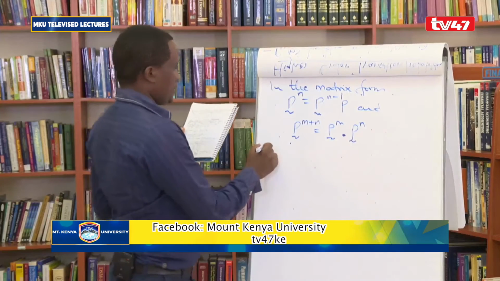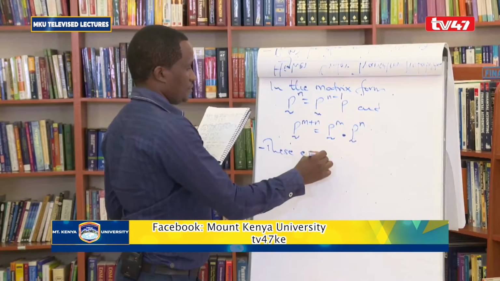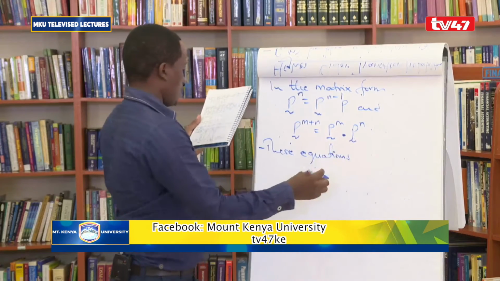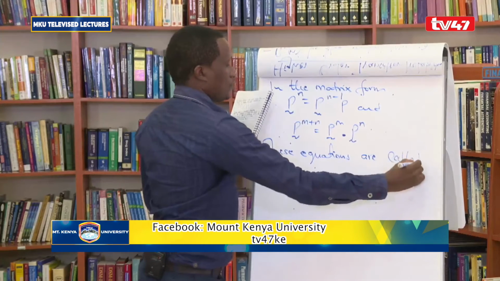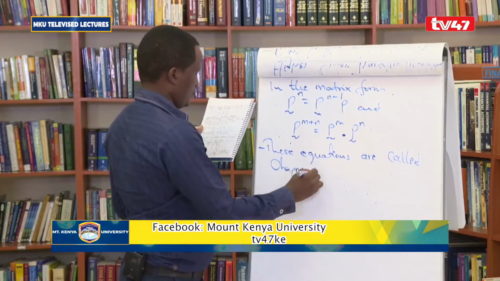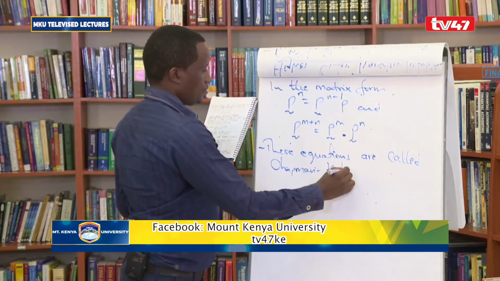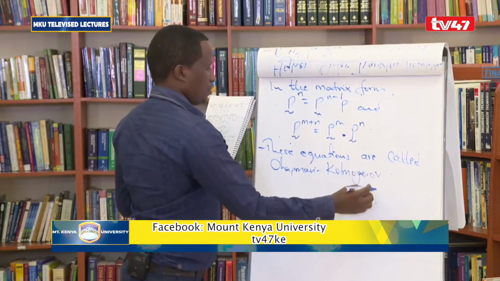These equations are called Chapman-Kolmogorov equations.